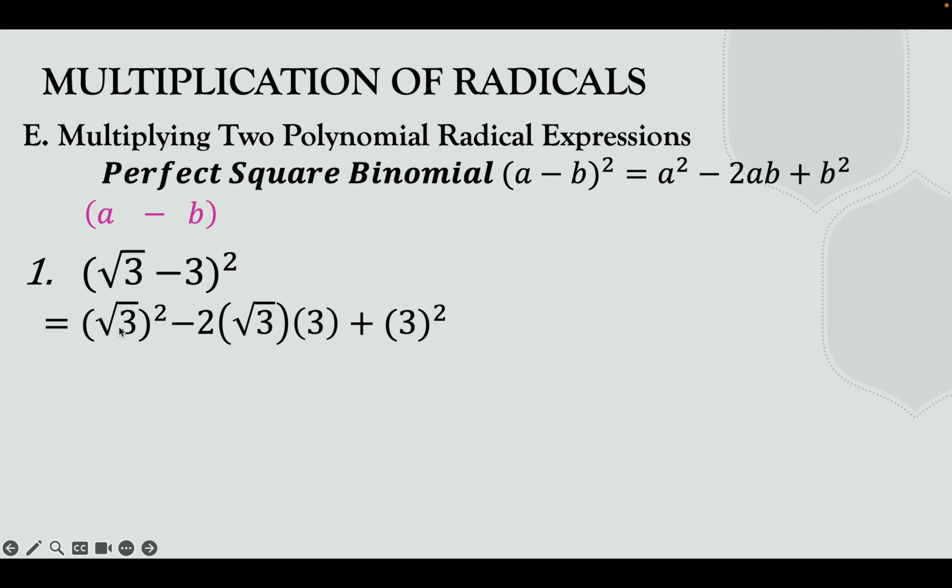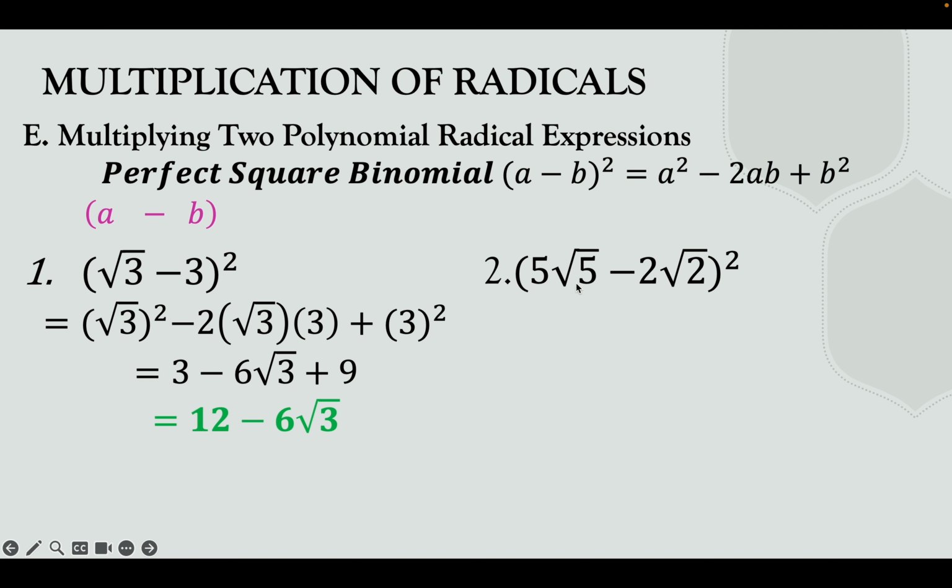So we have square root of 3 squared minus 2 times square root of 3 times 3 plus we have here 3 squared. So we have square root of 3 squared, so we have 3 minus 2 times 3, we have 6 square root of 3 plus 3 squared is 9. So we have here now 3 plus 9, we have 12 minus 6 square root of 3.